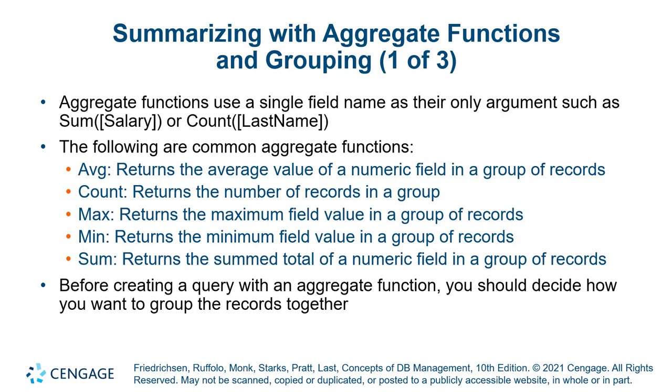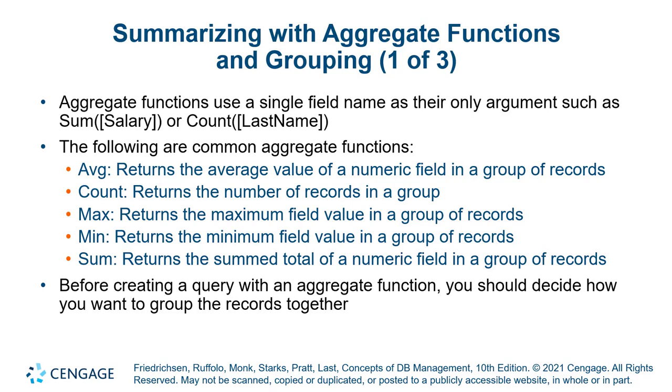Some of the common ones that you're going to see here, on the screen, are average, count, max, min, and sum. The average is going to look at all of the values of the field that we specify and calculate the average.